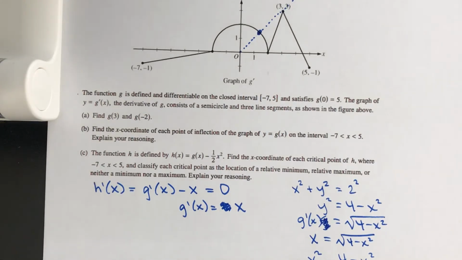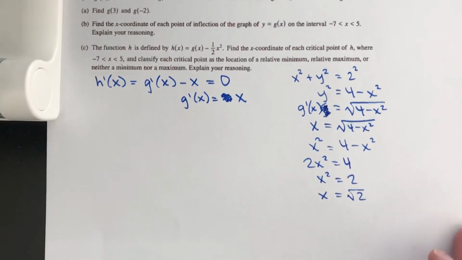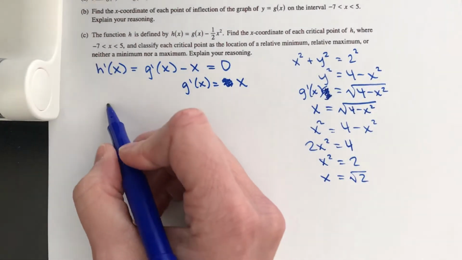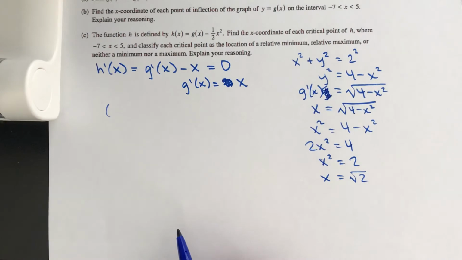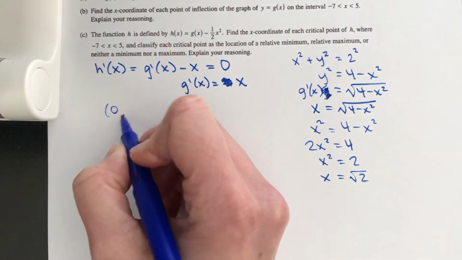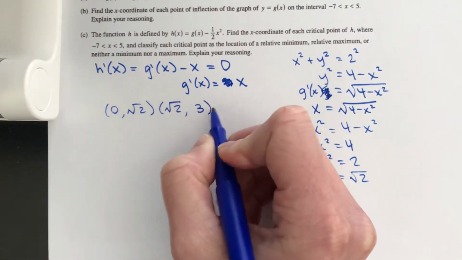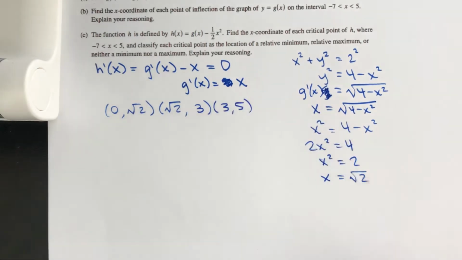Now we need to determine if they are a relative minimum, relative maximum, or neither. What I like to do is set up intervals. I am going to go from 0 to the square root of 2, then from the square root of 2 to 3, and then from 3 to 5.